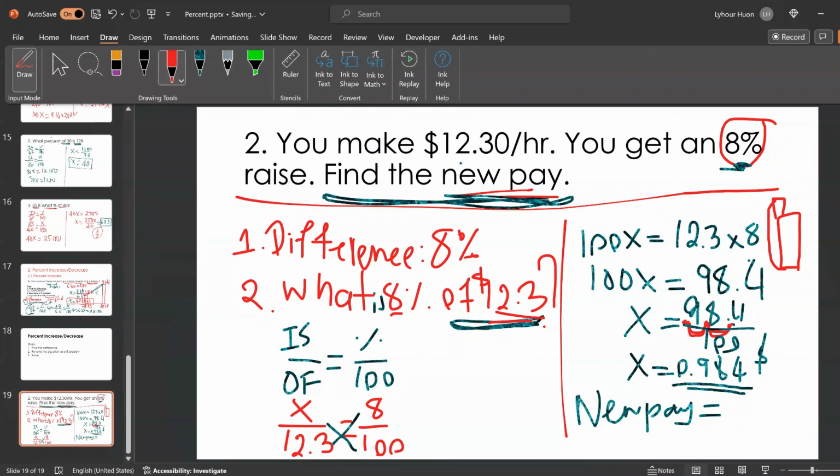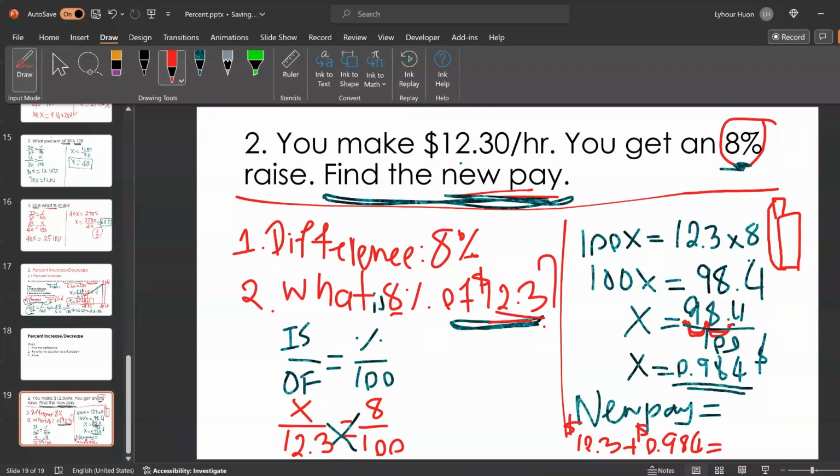So is it $13.284? Yeah, so your new pay is $12.3 plus 0.984, which is equal to 12.3.